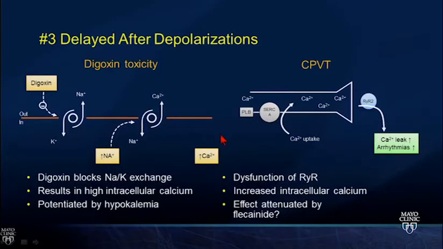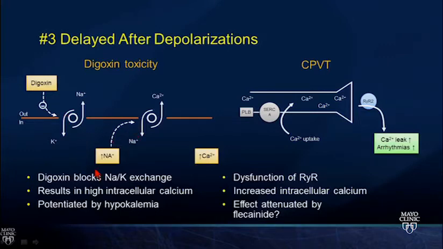Now, digoxin toxicity, how does it cause an increase in calcium overload in the cell? Normally you have a sodium-potassium ATPase, where the sodium that got into the cell gets pushed out in phase 4 in exchange for potassium. The digoxin blocks that sodium-potassium ATPase channel.